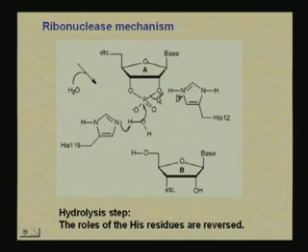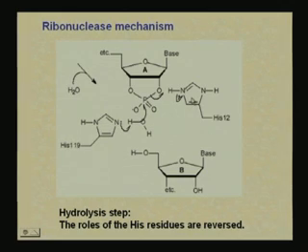This phosphate then opens up here and picks up the hydrogen that was attached to histidine 12. In event, what happens? Histidine 12 now has provided the hydrogen, so it is an acid. So, the roles of the histidine residues are reversed.